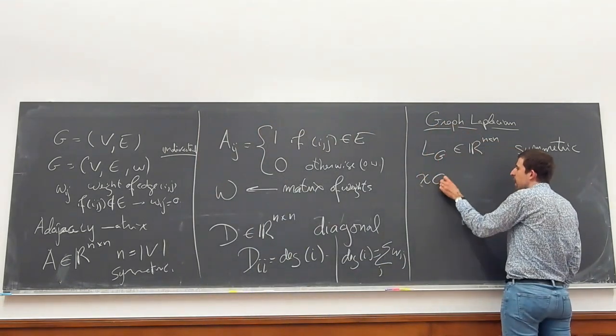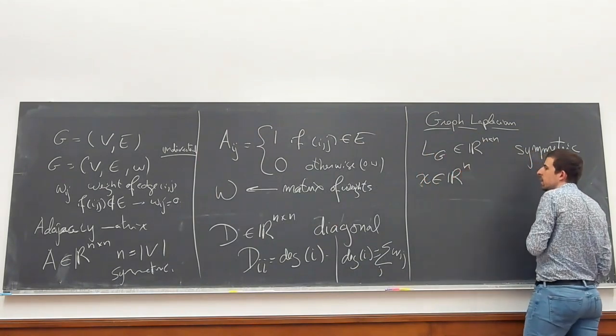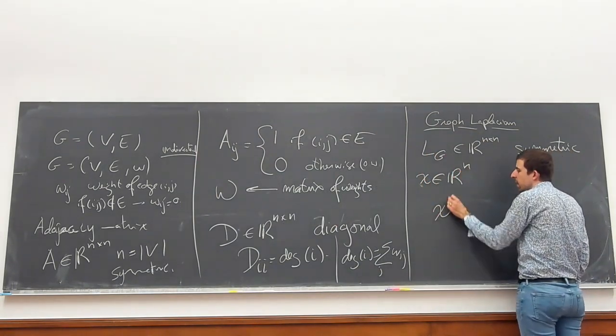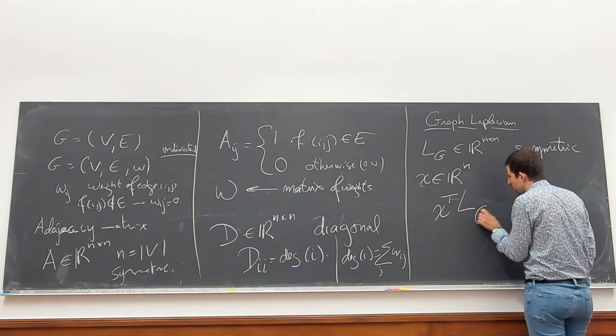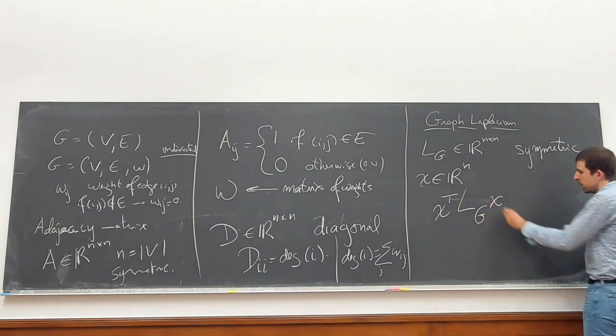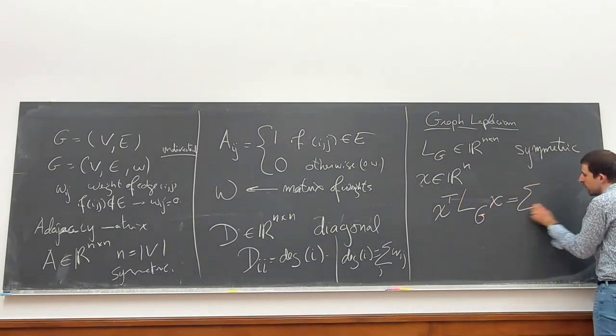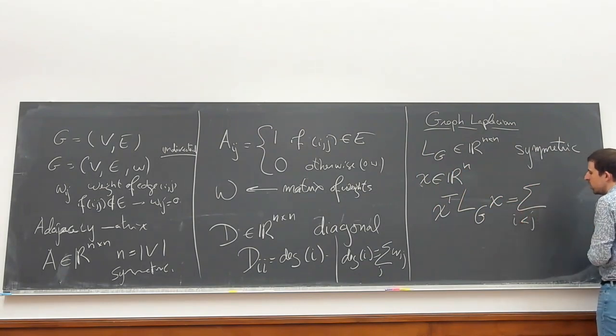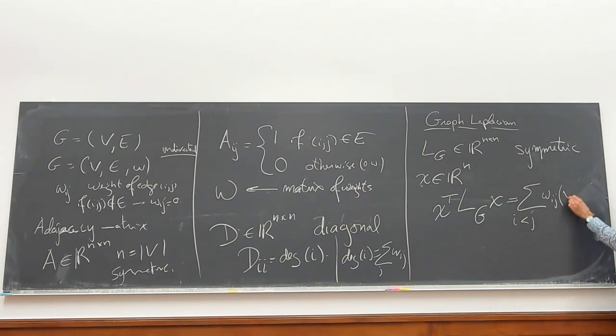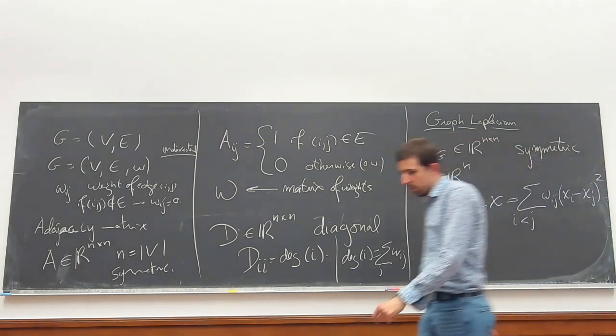If I have a vector x in R^n, then x transpose LG x is the same as the sum over i smaller than j of the weight Wij times (xi minus xj) squared.